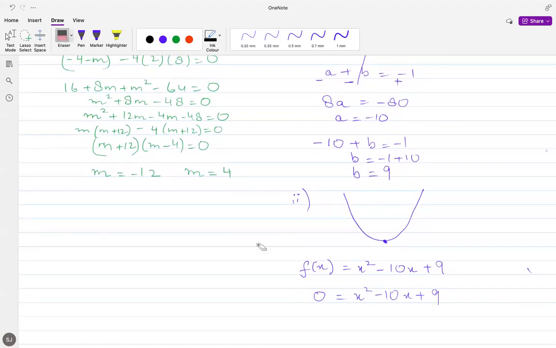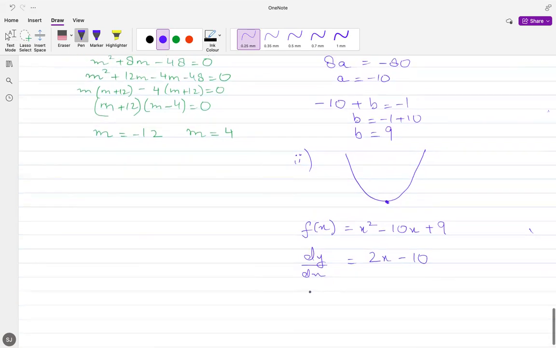Now f of x is not 0 here, so we'll first differentiate it and then put it equal to 0. Differentiating f of x, we'll get dy by dx equals 2x minus 10. Now putting dy by dx equals 0, we'll get 0 equals 2x minus 10 and x equals 10 upon 2, which is 5.